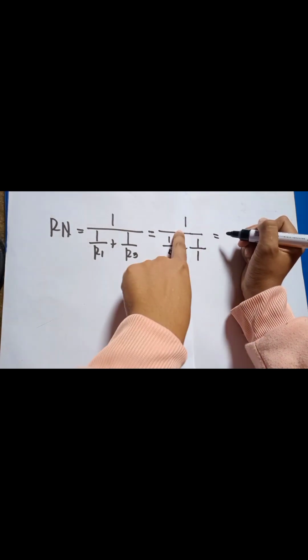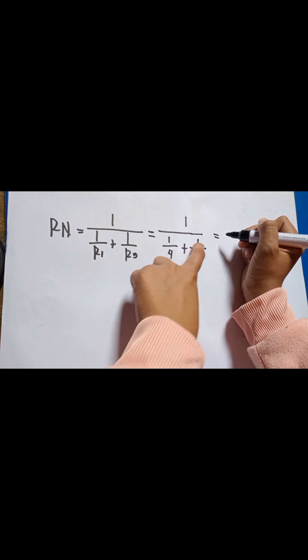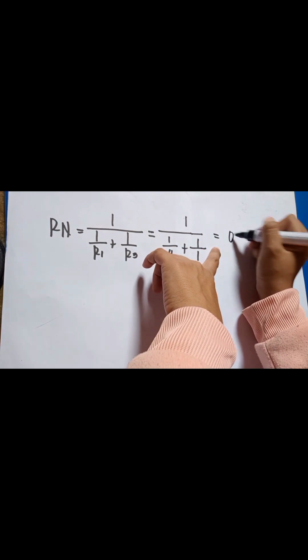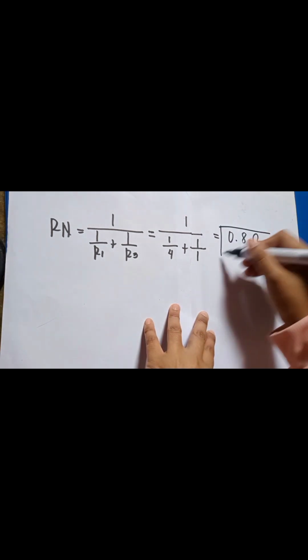So 1 divided by (1/4 plus 1/1) is equal to 0.8 ohms. So the value of Norton resistance is 0.8 ohm.